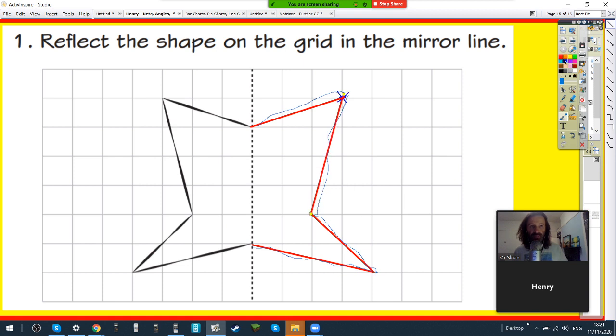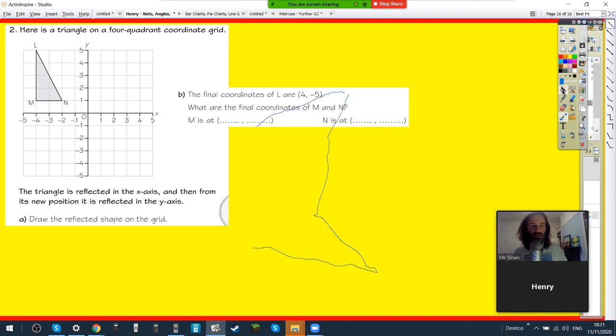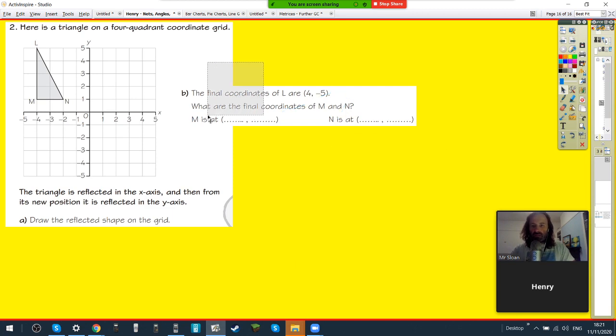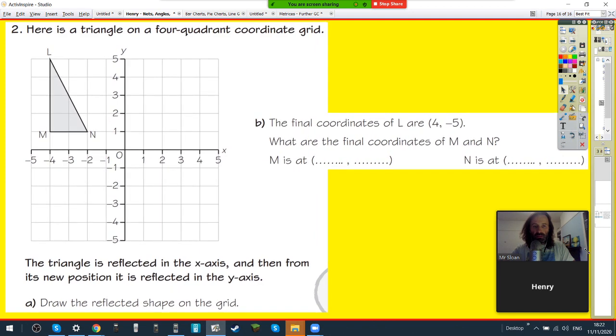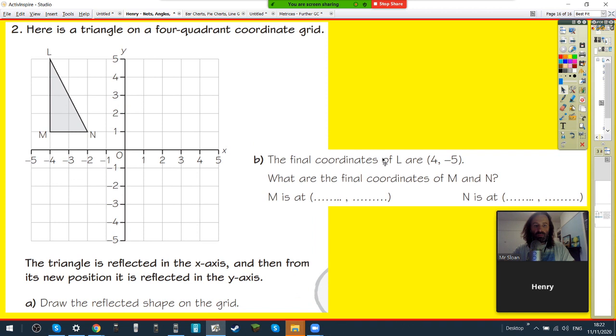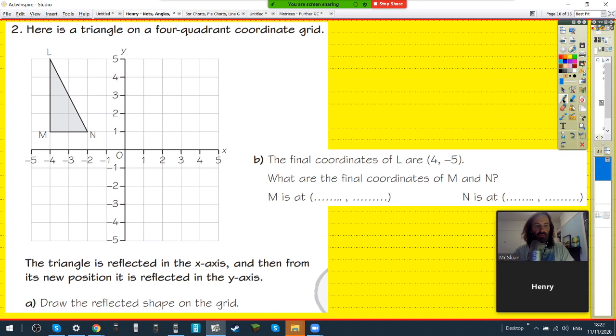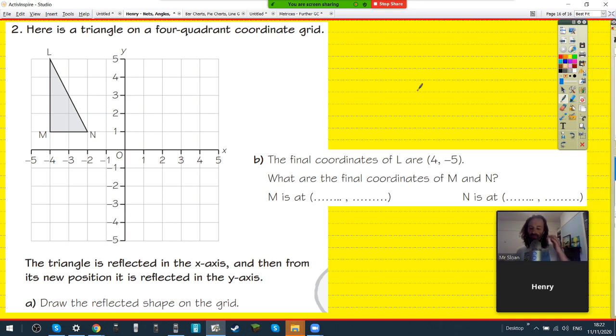And you're good. The reflections are cool. Okay, let's try this malarkey. -4 and 1. So first one, they want you to draw the reflected shape onto the grid.